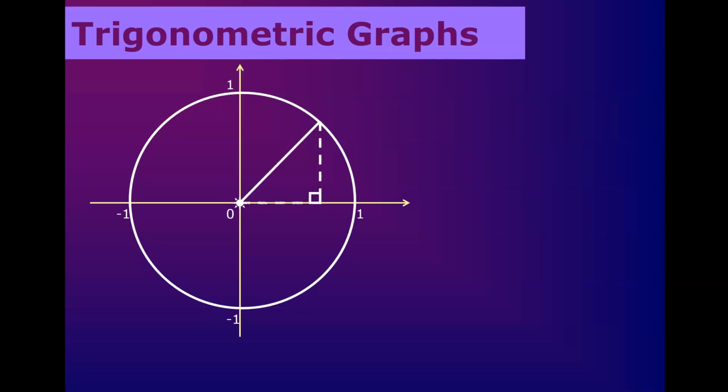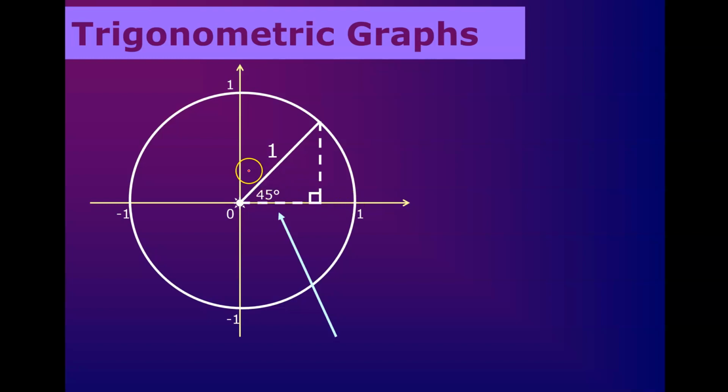So we stick with our 45 degree angle in our triangle. We've got our unit circle again, so our hypotenuse is 1, but this time we're looking at this length, the horizontal length, and you will hopefully see that as the angle gets smaller, your horizontal length will get bigger.